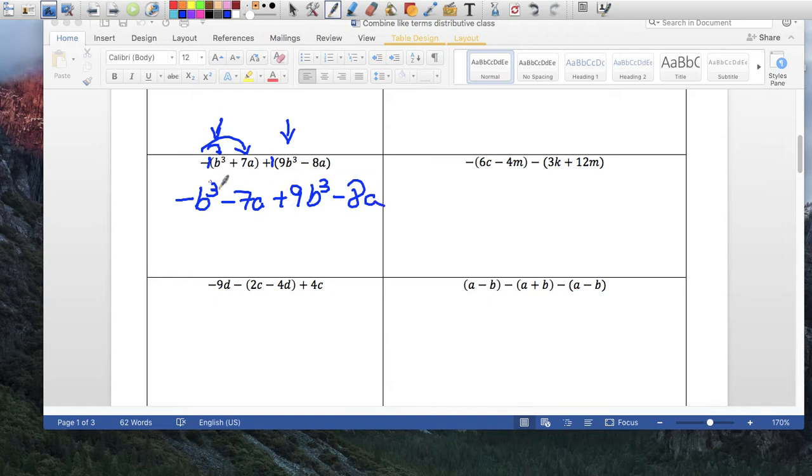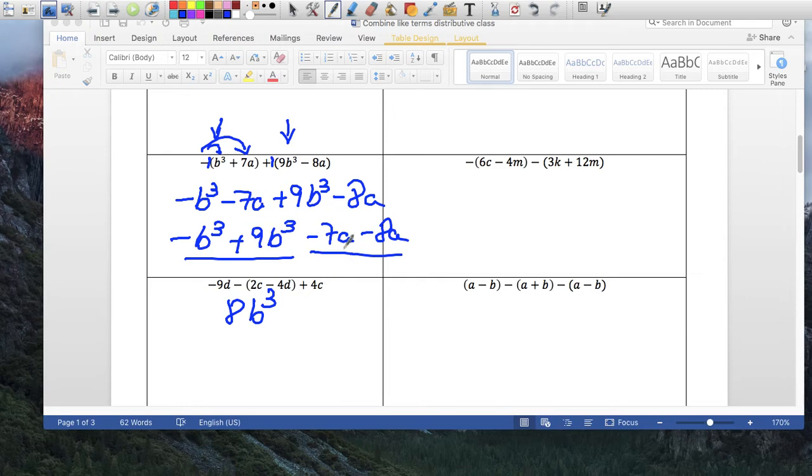I combine like terms. Let me move things around. So I get negative b cubed plus 9b cubed minus 7a minus 8a. These two will be combined, and these two will be combined. In front of this variable b, I can imagine a 1. So think of it as negative 1 plus 9, and negative 1 plus 9 is just 8b to the third power.